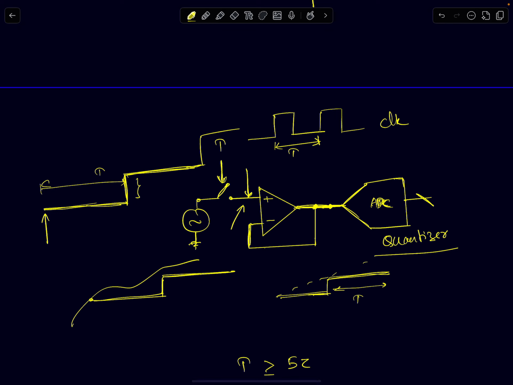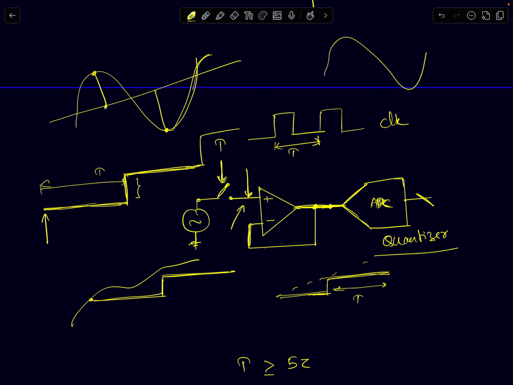The maximum step size can be equal to the peak to peak. If you apply the Nyquist frequency, the samples of a sinusoid will be at one peak and the other peak. A sinusoid at the Nyquist frequency, which is equal to Fs by 2, or 1 by 2T, will normally have two samples per cycle. One sample will be at the peak, the other at the negative peak.